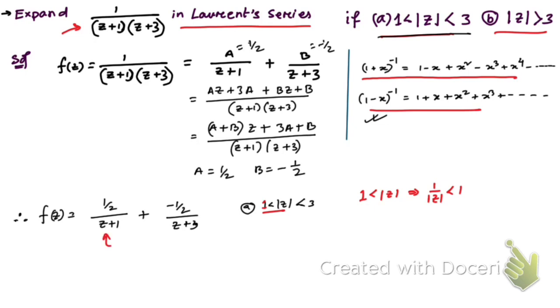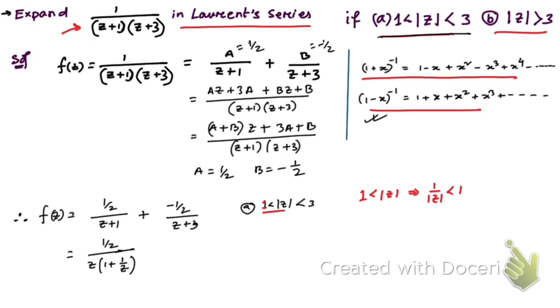Now you see, to obtain this 1 by z, we can take z common from this denominator. If you take z common, then you're going to have 1 plus 1 by z, right? Our motive is to make it less than 1. So that's why we have done this part.